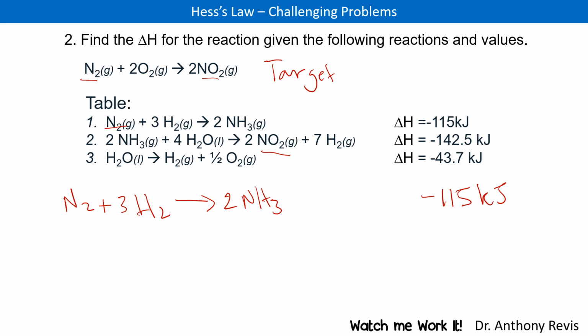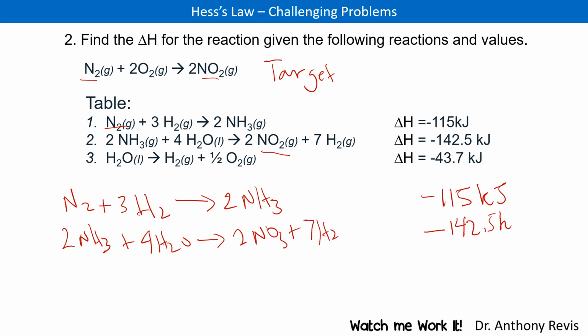So this would be 2NH3 plus 4H2O. Again, just omitting the phases only because it doesn't impact the math. Plus 7H2. And since I didn't make any changes to that, I can just simply write that number too. So it's going to be minus 142.5 kilojoules.